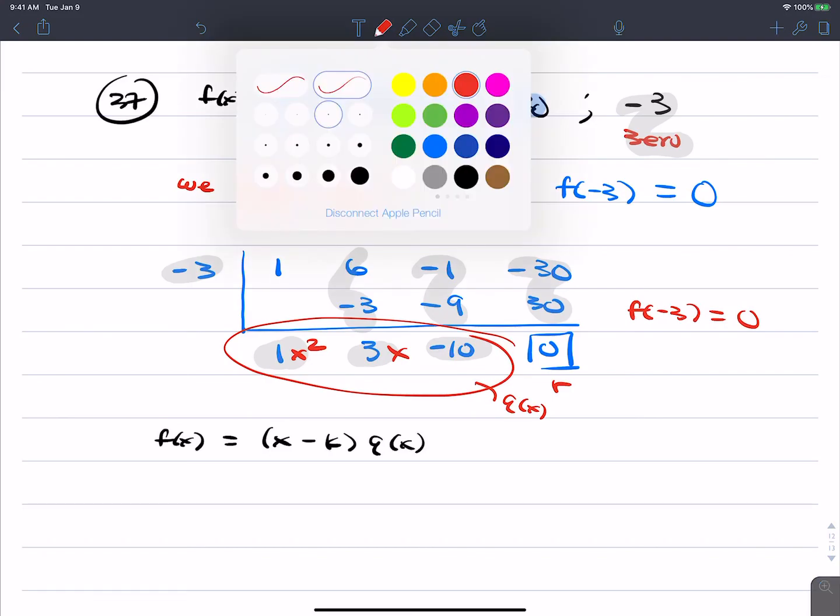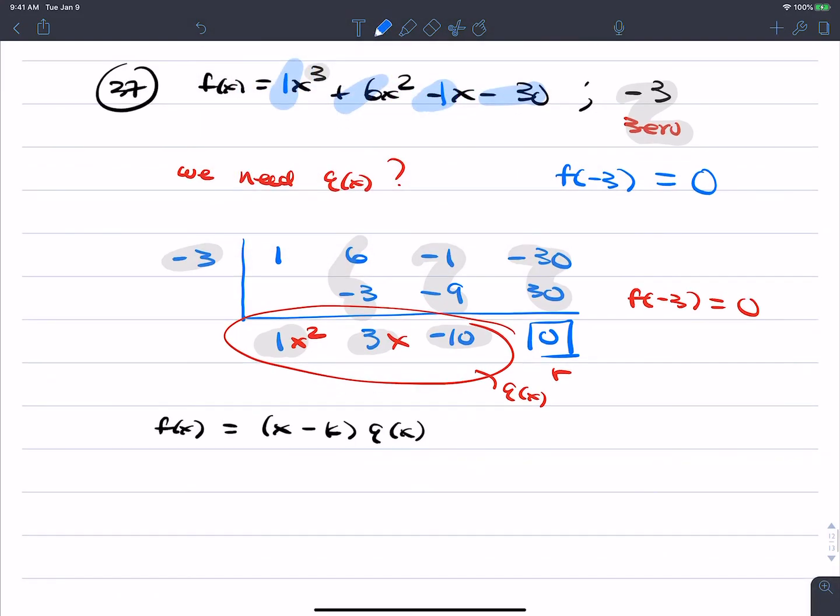So I know the quotient function. That's going to go right here. X squared plus 3x minus 10. I also know the value of k. K is negative 3, because they gave it to us as negative 3.